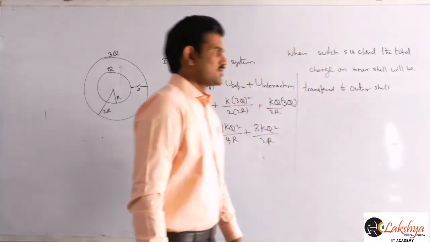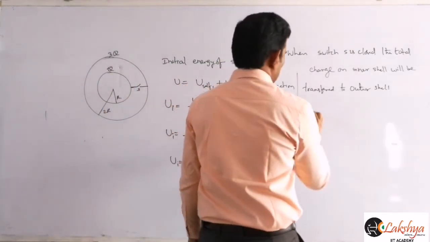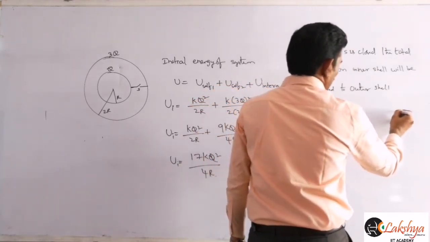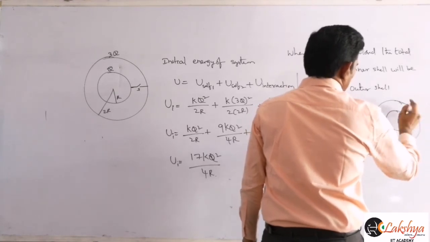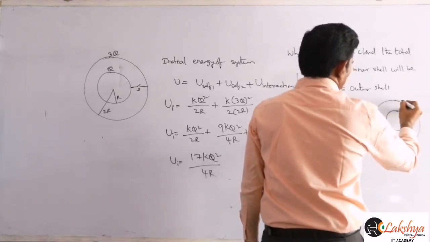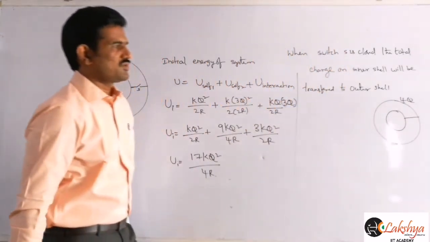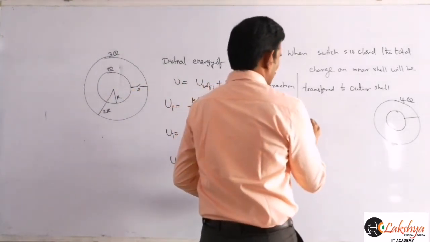That will be the situation happening there. Now the final situation I am drawing here. When they are connected, the total charge will become 4Q. That will be the final situation there. And therefore, I can write the final energy of the system.